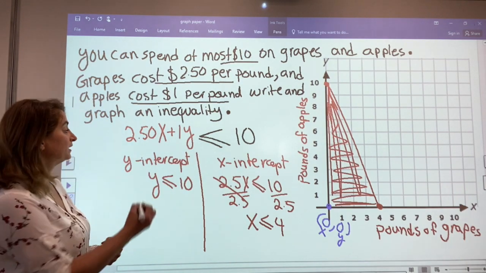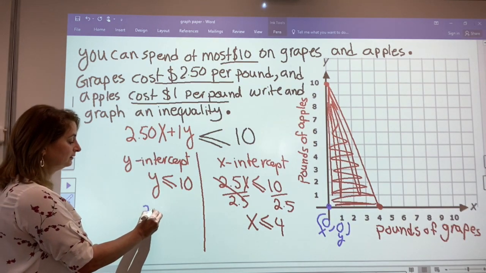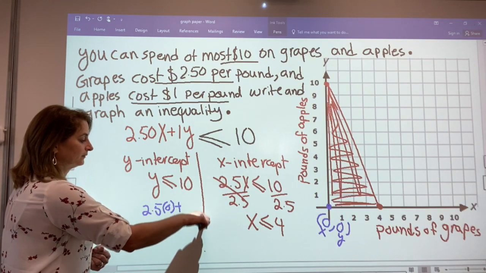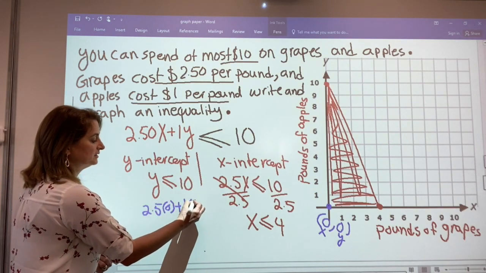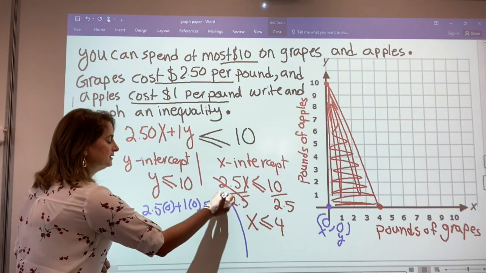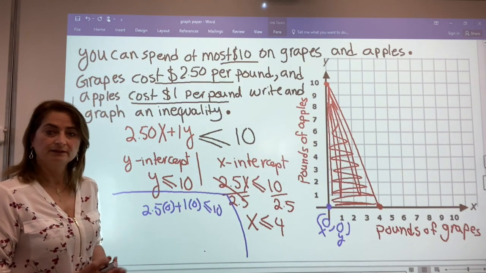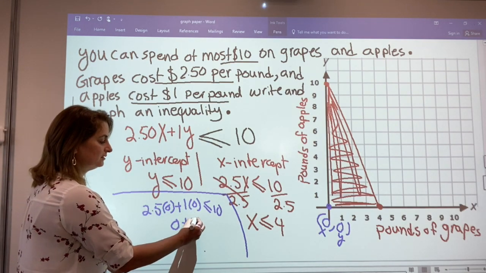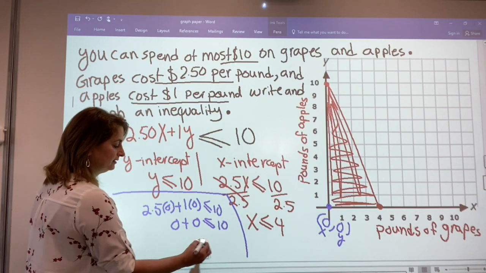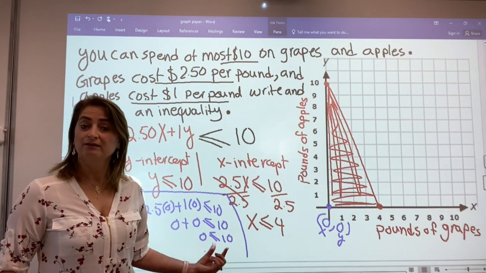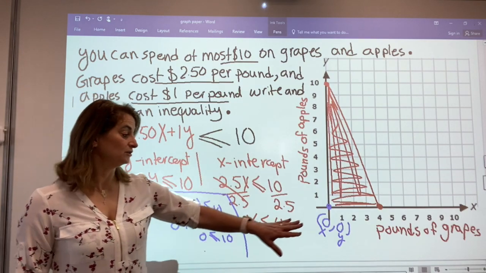Does it make it true? 2.5 times 0 plus 1 times 0 is less than or equal to 10. Is this a true statement? Let's see. 2.5 times 0 is 0. 1 times 0 is 0. Is it less than or equal to 10? Yes, 0 is less than or equal to 10. So I did shade the right area because the 0, 0 is included.